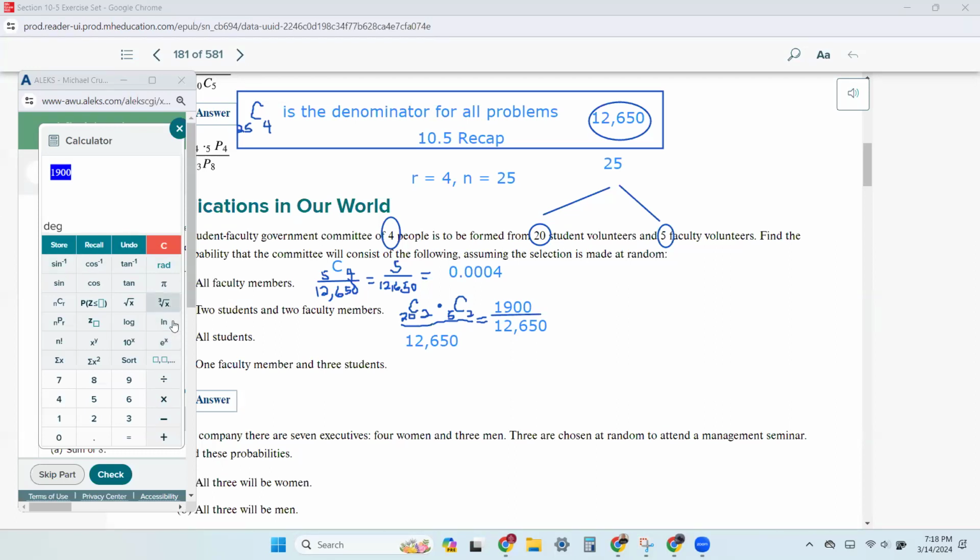So then what is that? What happened? 1900. There we go.